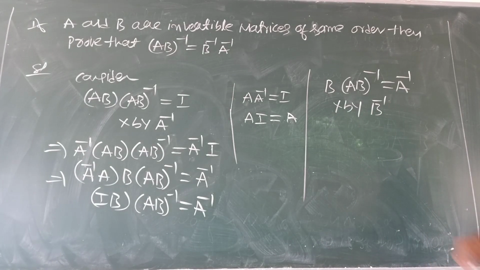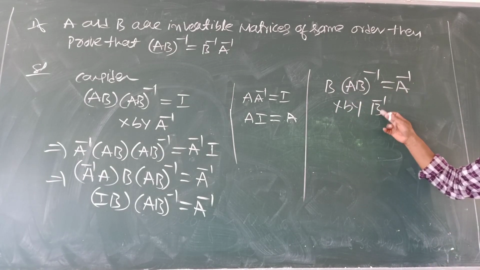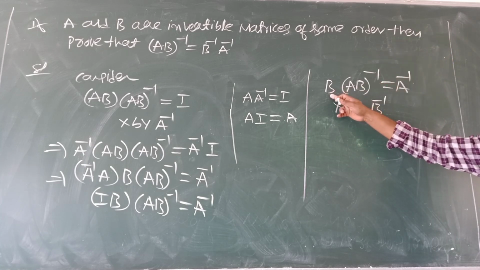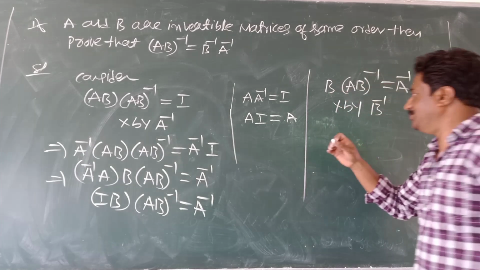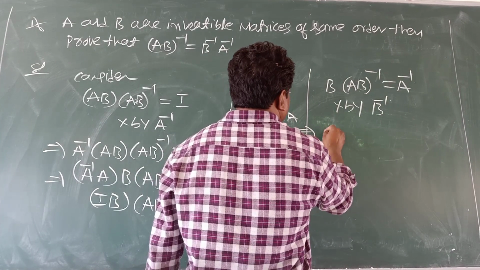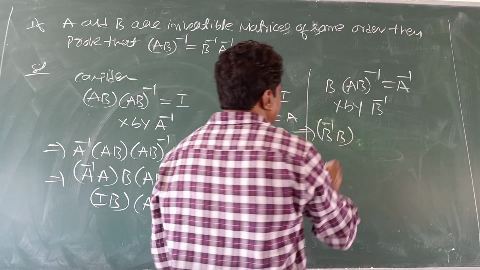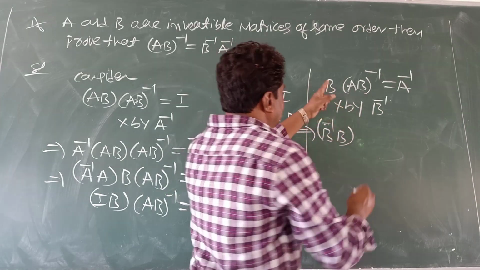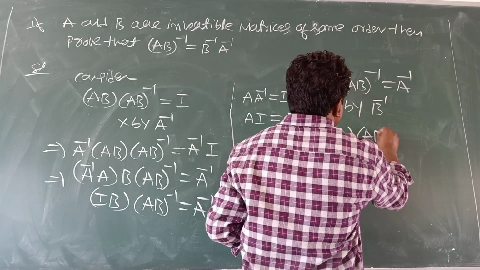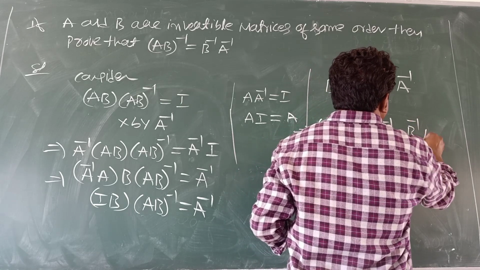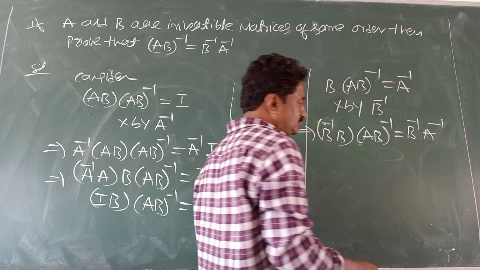If I multiply both sides by B inverse, this B gets eliminated. You do that now. That implies B inverse B into (AB) inverse is equal to B inverse A inverse.